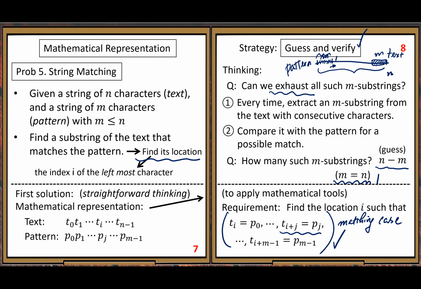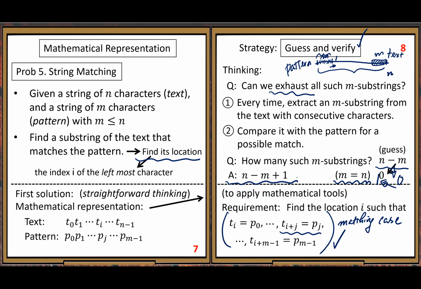But N minus M gives you 0, right? Your guess is not correct. Your guess is 1 less than the true answer, so you need to do the adjustment. You need to add 1 on top of your guess to get the correct answer. So the correct answer should be N minus M plus 1.